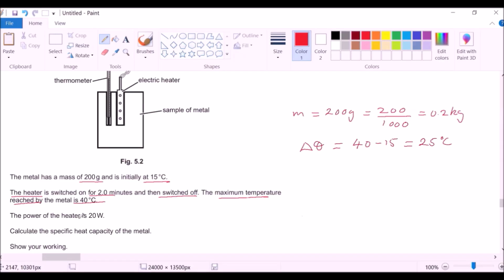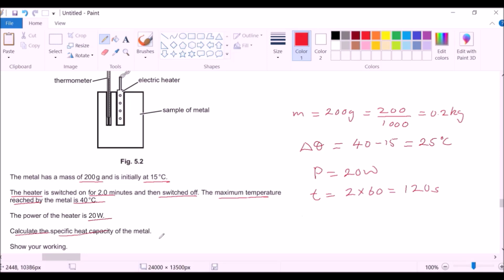The power of the heater is 20 watts. The power and the time will enable us to calculate the energy supplied. Our time, 2 minutes, is 2 times 60, which is 120 seconds.